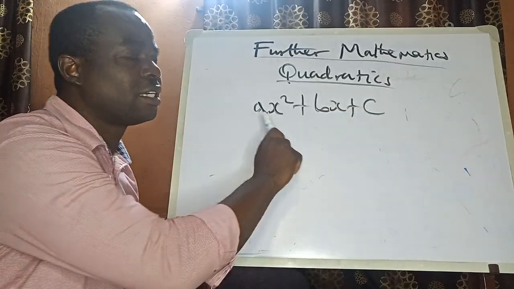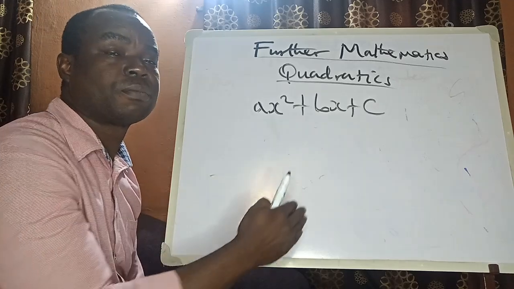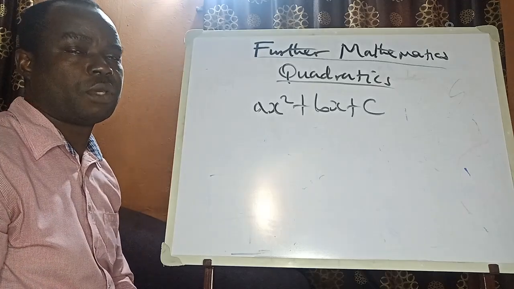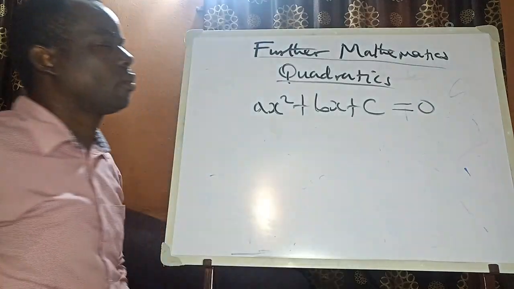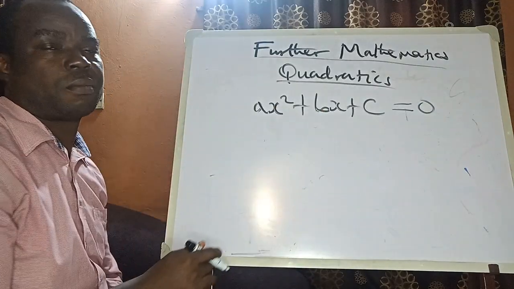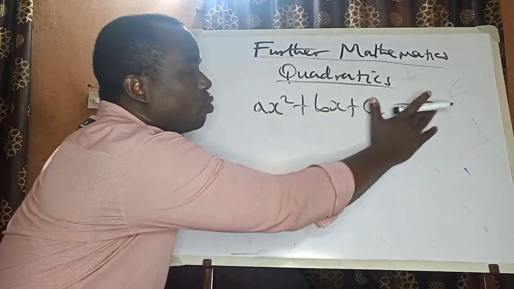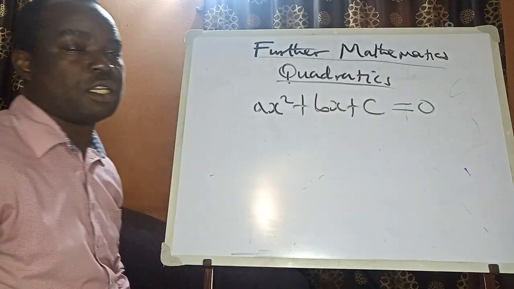This is the general form of a quadratic expression. Okay, if you put equal to 0 on it, it becomes a quadratic equation. All right, so if you remove the 0, it becomes an expression. You put the 0, it becomes an equation.